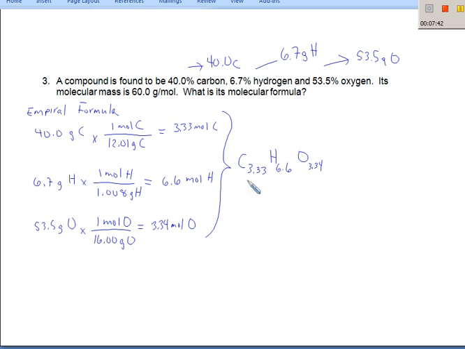And carbon has the least number in the subscript, so we're going to divide everything through by 3.33. So our formula ends up being C1H2O1, which we'll rewrite as CH2O. We're not done yet, though.